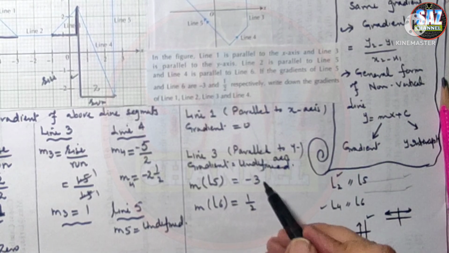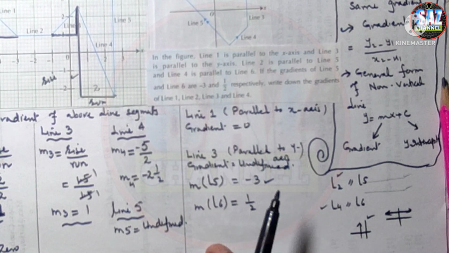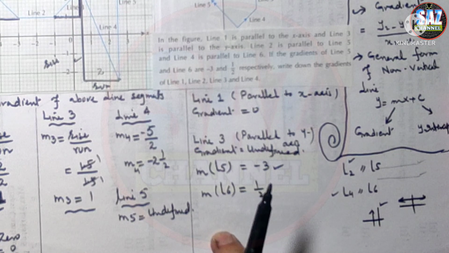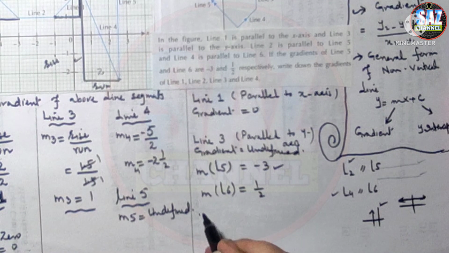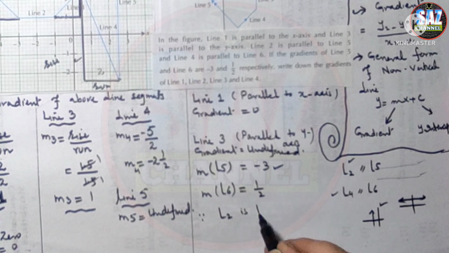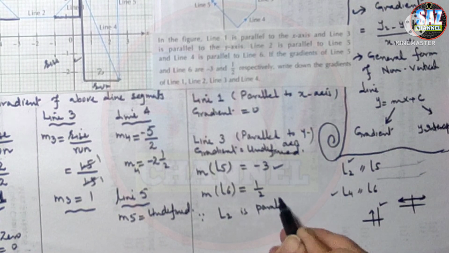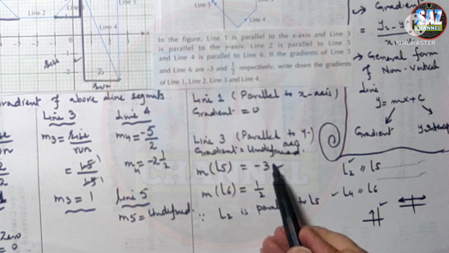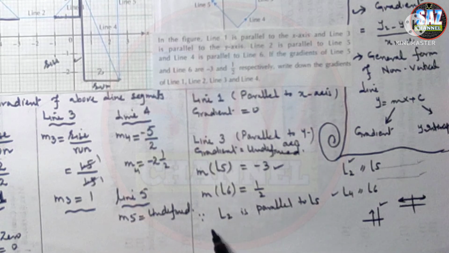Now let's talk about line 5. Line 5 and which other line are parallel? Line 2 and line 5 are parallel, and line 5 has the gradient -3.